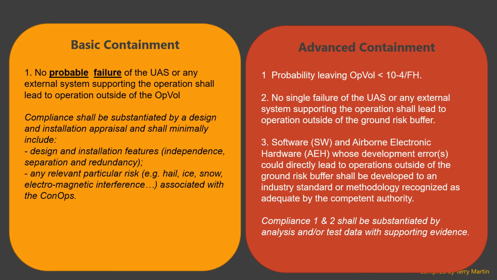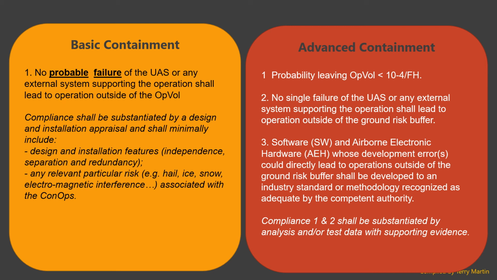So I call them basic containment and advanced containment, and I'll just caution that that's a Terry simplicity. I highlight it just as my way of helping people work through what's a little confusing in the current text of the SORA, particularly for ab initio users.